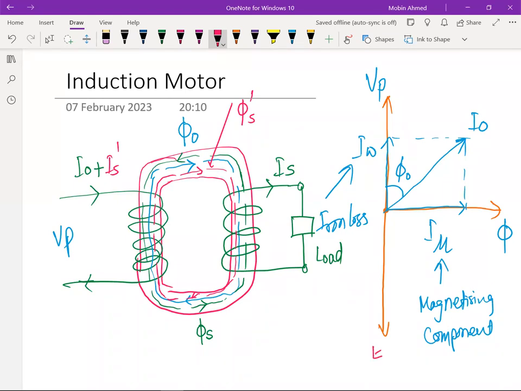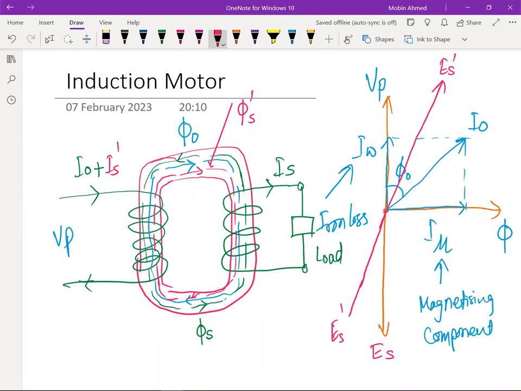This is a voltage that is ES, and this side is EP. And ES prime, which you saw at a certain angle as you are showing like this, is going to be opposite of this.